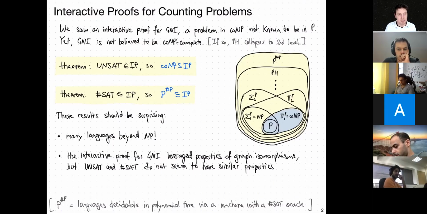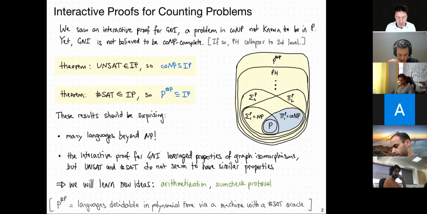And not only is it not clear, but there are important new ideas we're going to have to learn that are going to be recurring themes through this course and in probabilistic proofs in general, and that is the idea of arithmetization, which we'll see shortly, and the Sumcheck protocol, which is the title of today's lecture.